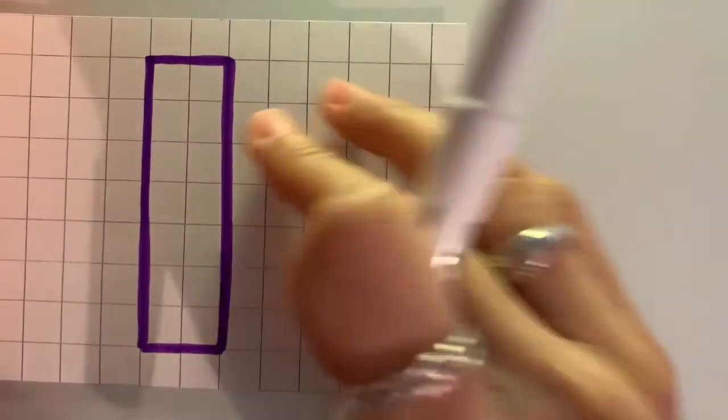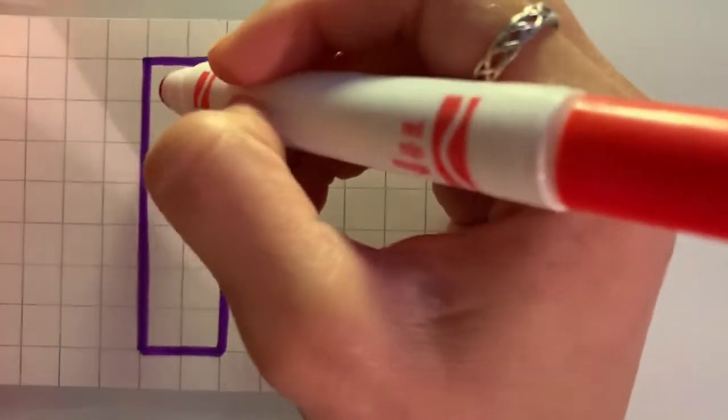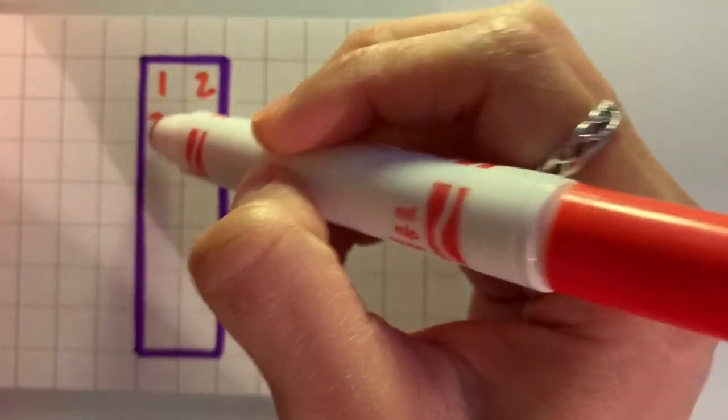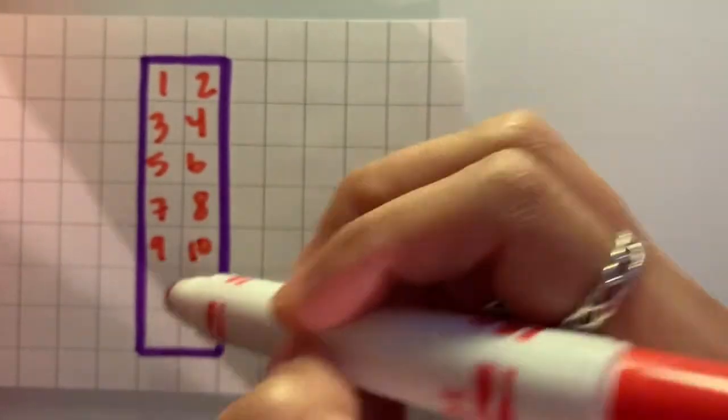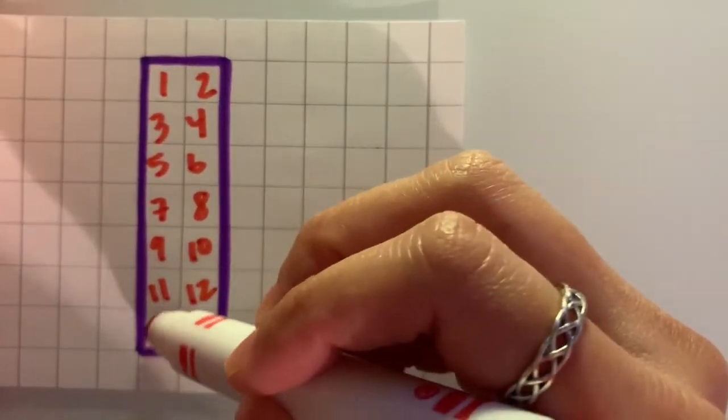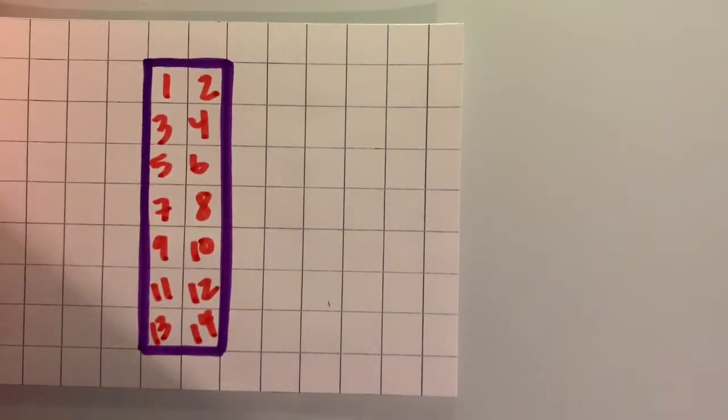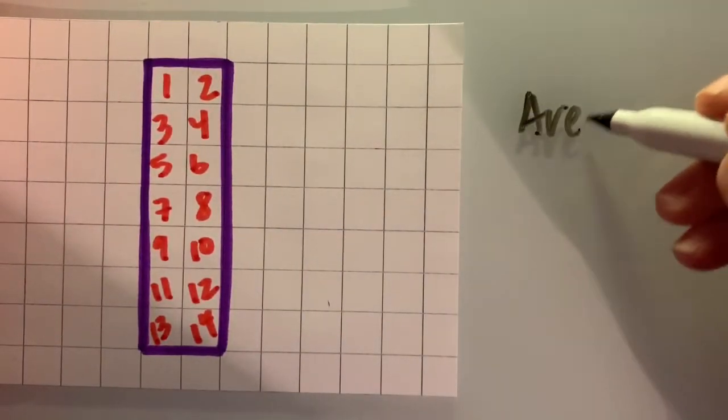Let's try another one. We have this rectangle here, and we're going to count the individual square units inside of the rectangle, and we're going to see what our area is. In this problem, our area is 14.